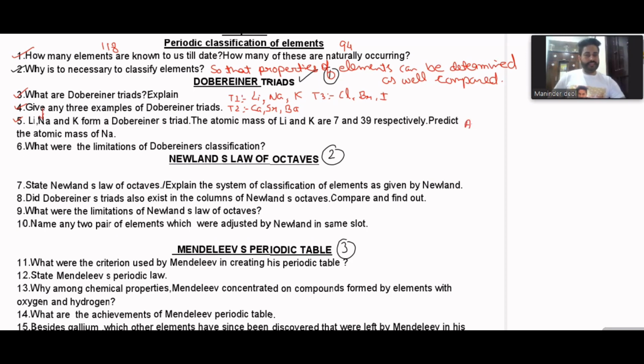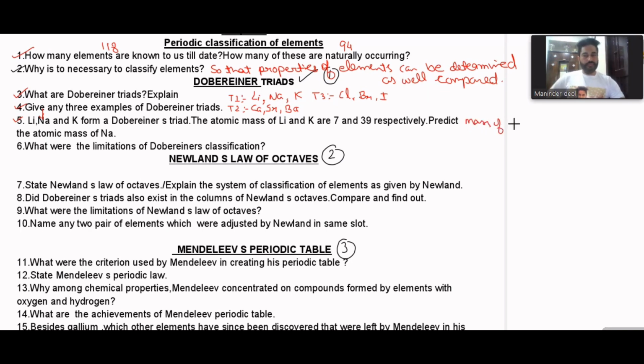So the mass of sodium will be equal to the average mass of lithium and potassium. The average of the first element and the third element will be equal to sodium. This was the theory.